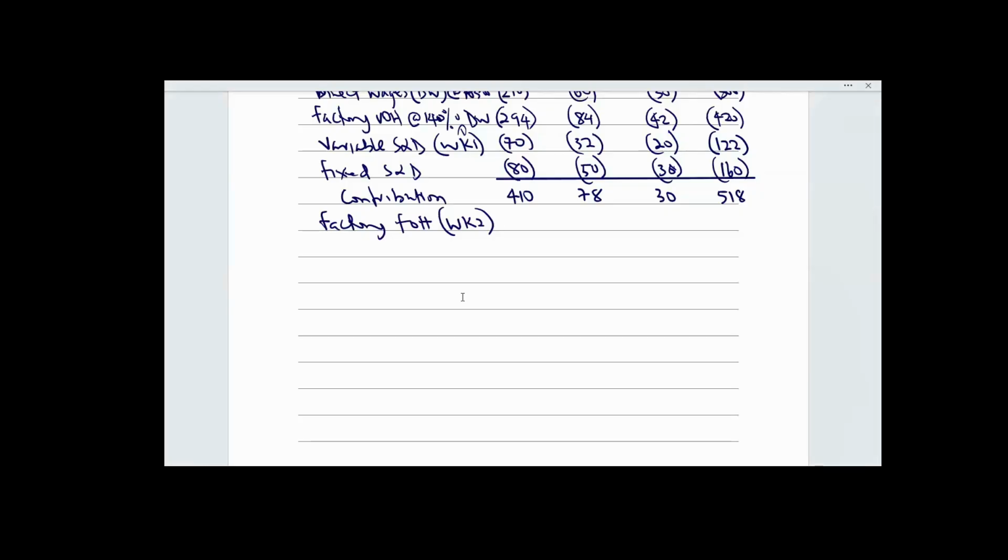If sales volume is not given, you can use the company sales value. At times, the examiner can tell you to use the number of employees in each department, or floor space. There are different ways of apportioning overhead, but in this particular question, we are going to use the sales volume.